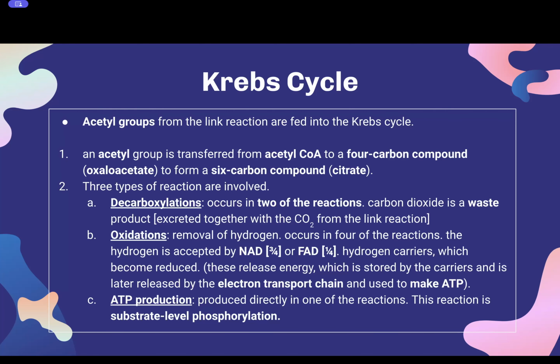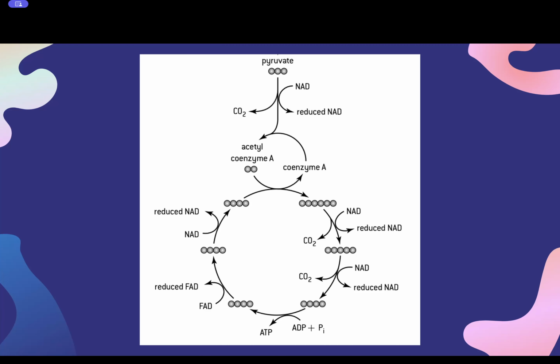Okay, so this is the diagrammatic representation of how the link reaction and the Krebs cycle occur. Of course, from pyruvate to acetyl coenzyme A is the link reaction, and after acetyl coenzyme A, it's the Krebs cycle. Now, you will notice that this is a continuous cyclic process, and the reason is that there's a coenzyme, which means that it doesn't get used up.